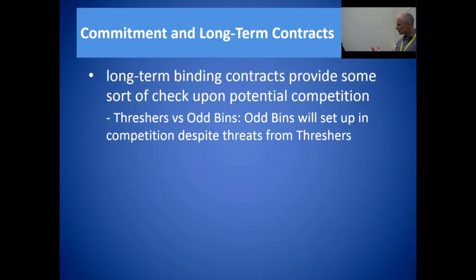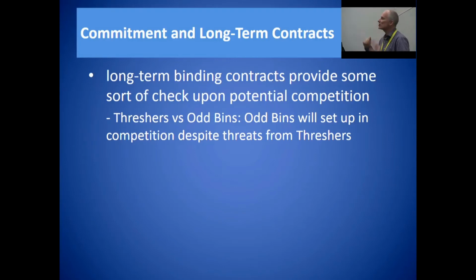And Odd Bins is thinking about setting up in competition. It's thinking about encroaching upon the market of Threshers, either in terms of a specific product line or in terms of geography. It doesn't really matter. But Odd Bins is thinking about setting up in potential competition.